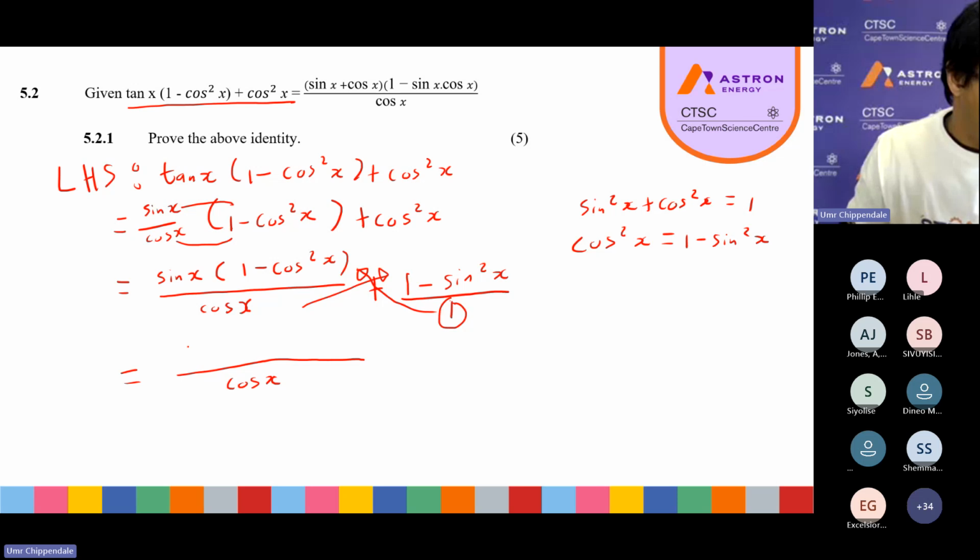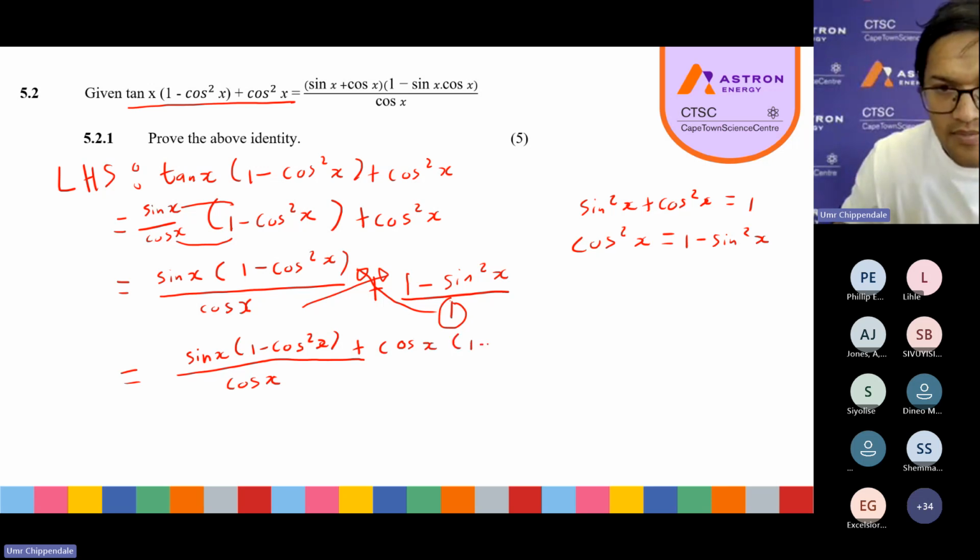Then we have our sine x. So we just write this down as usual, with 1 times that initial concept, which is still 1 times 1 minus cos squared x. And that's going to be plus cos x multiplied by all of what we have, 1 minus sine squared x.